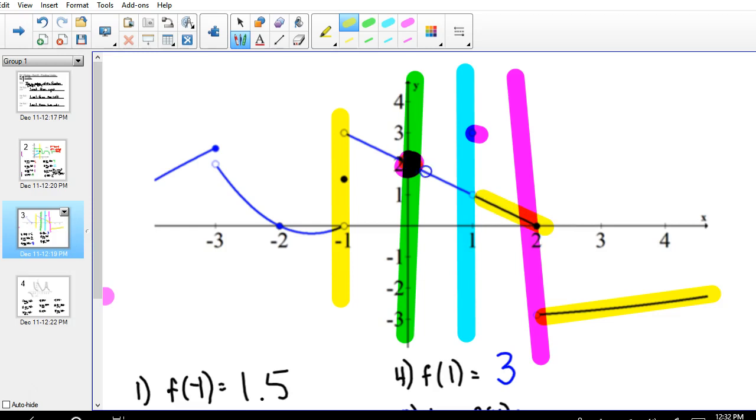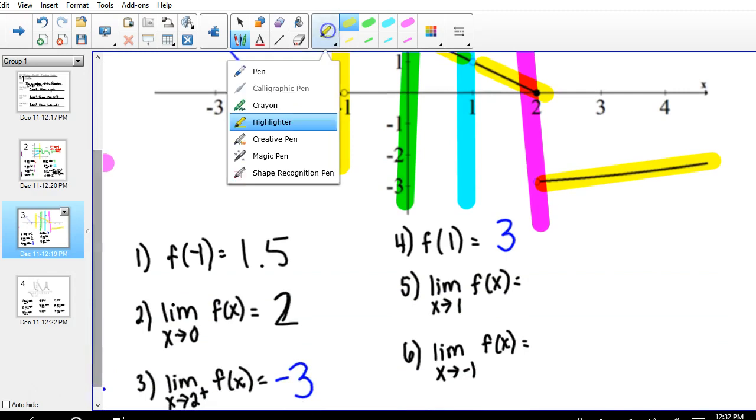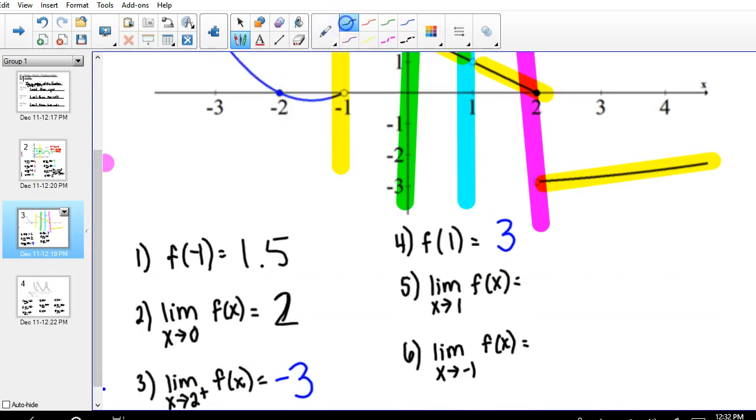What about from the left? 1. And since they're the same, the limit as x approaches 1 here is 1. So even though f of 1 is 3, the limit is 1.